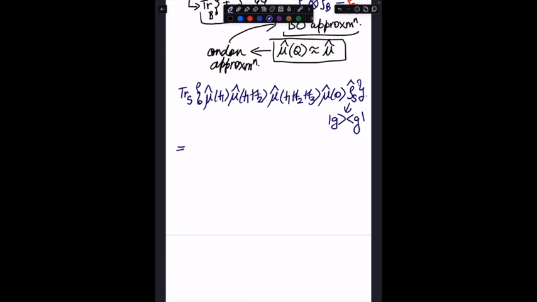So you're taking a trace over your system states, so you're taking a trace over G and E, and the contribution from the E term is 0, as G and E are orthogonal to each other. So this boils down to this term: mu t1 plus t2, mu t1 plus t2 plus t3, and mu 0, G.